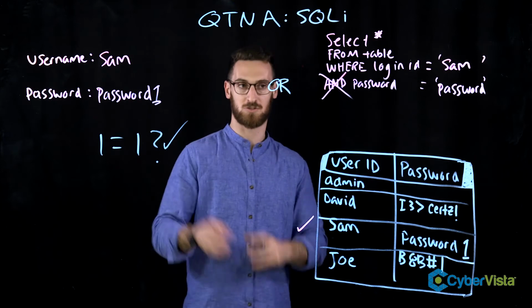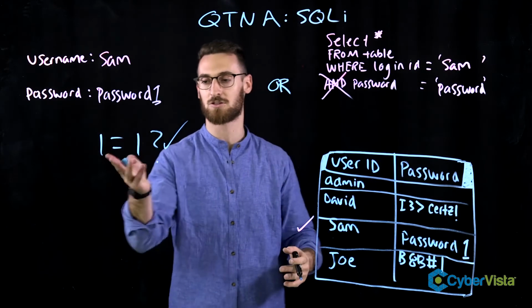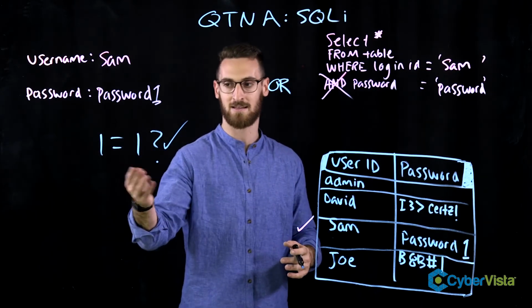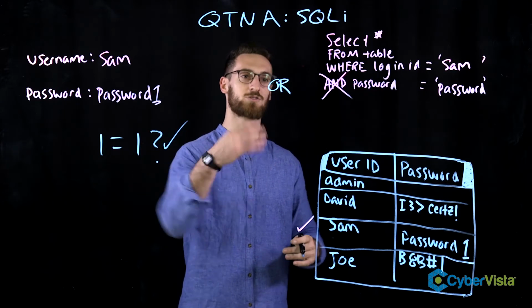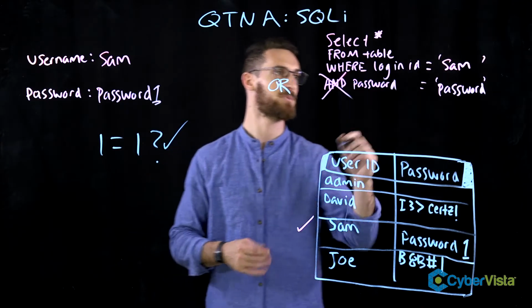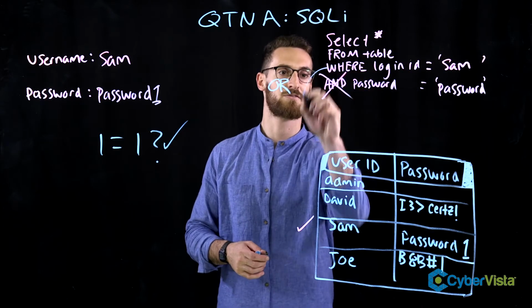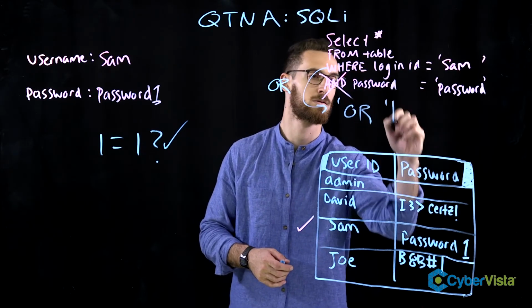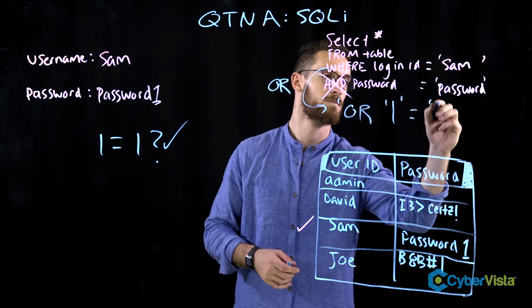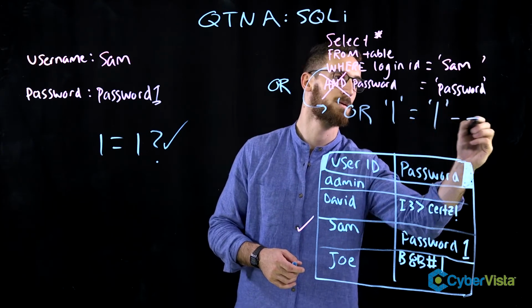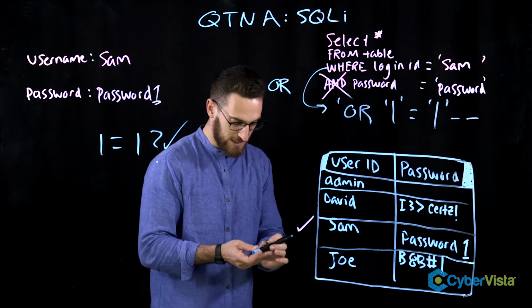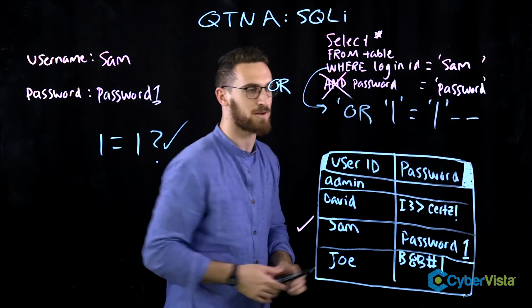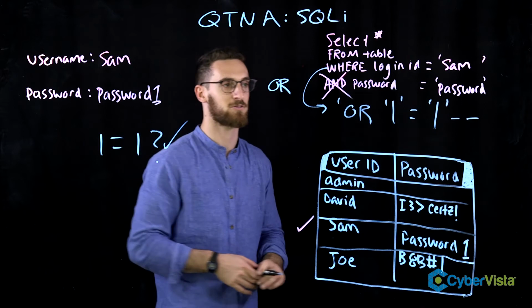Just by speaking in a language that SQL understood, we basically told it, okay, 1 equals 1, so my new syntax is going to be this, if we envision it down here. Those two dashes are something I don't want you to worry about too much now. That'll be for a different video.